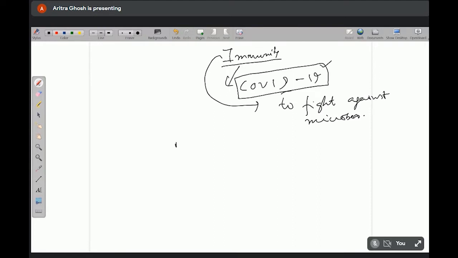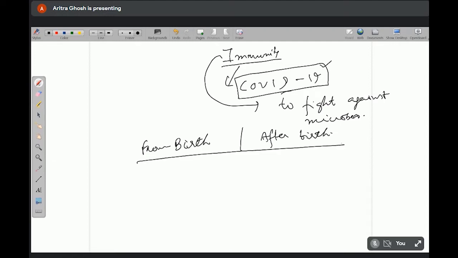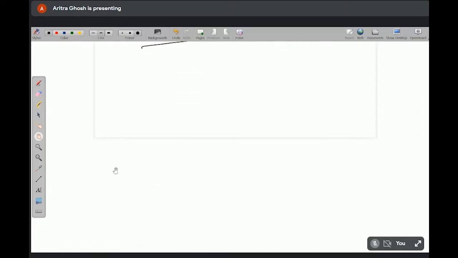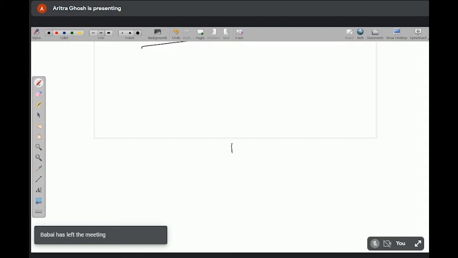Okay, now take a scenario, a 7 year old child having history of recurrent chest infection. It is diagnosed as recurrent gram negative bacteria. So these are happening with the gram negative bacteria, recurrent every month.